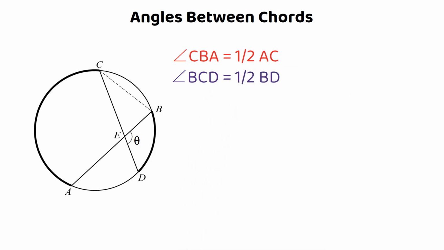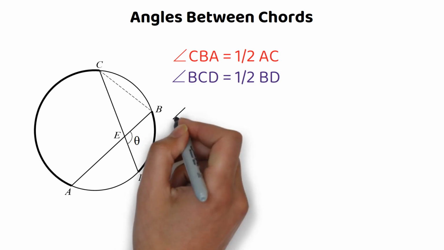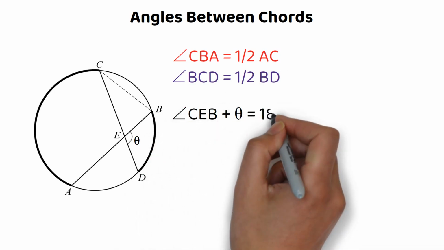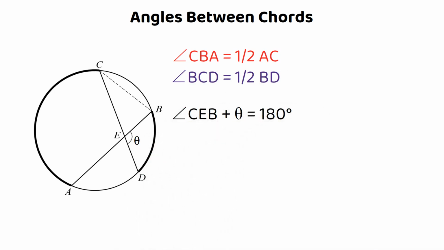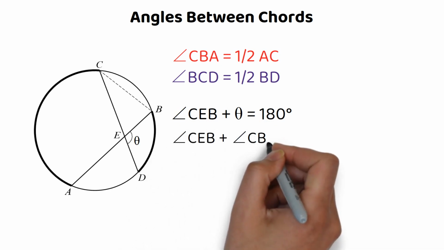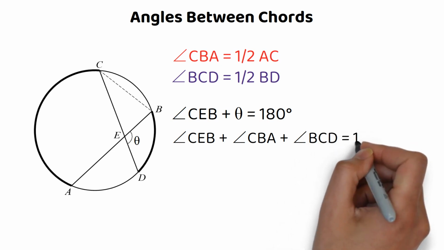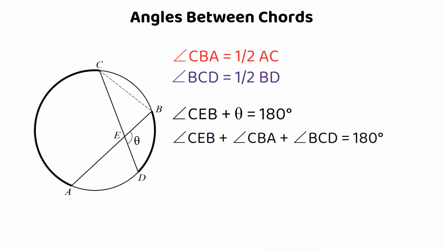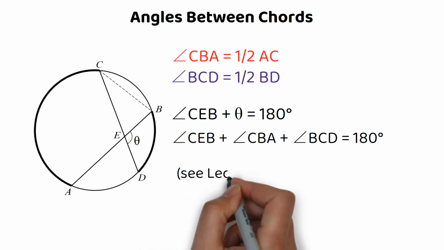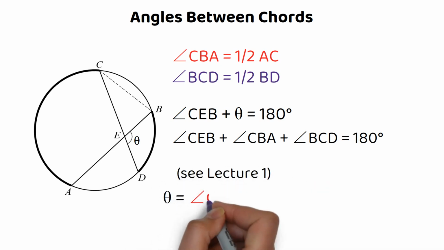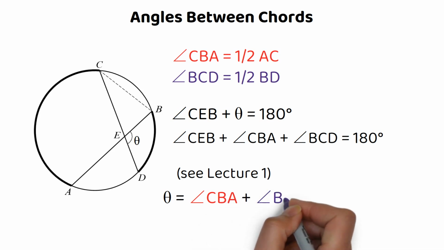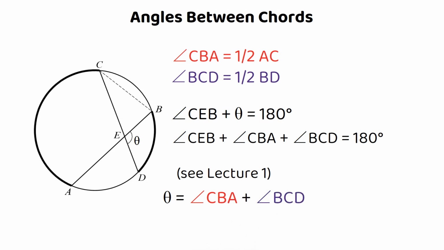Now, since angle CEB plus theta in this diagram equals 180 degrees, because they're adjacent intersecting angles, and angle CEB plus CBA plus BCD equals 180 degrees because of the sum of all of the angles in a triangle, it follows that theta is angle CBA plus angle BCD.